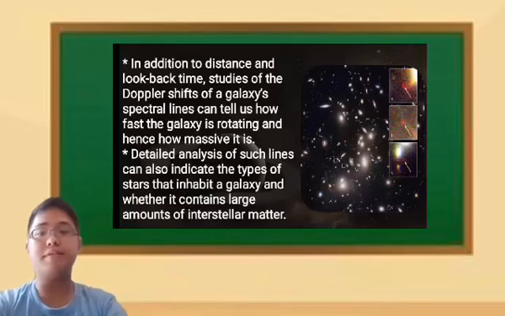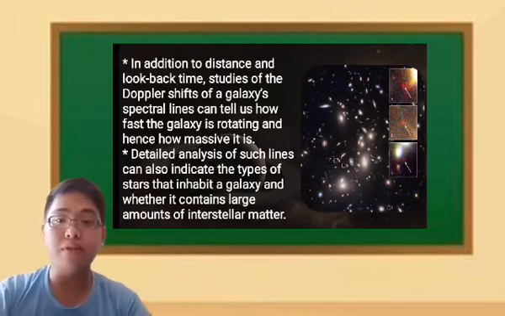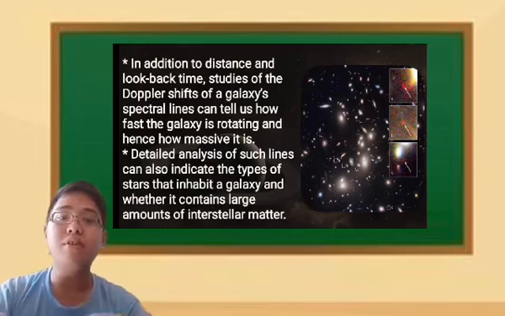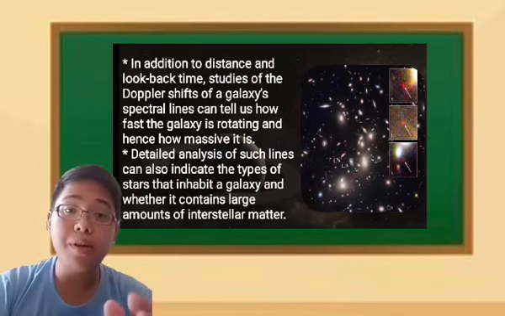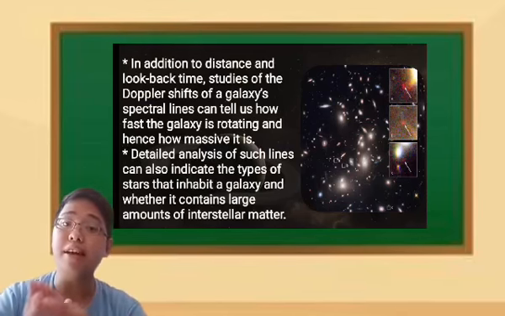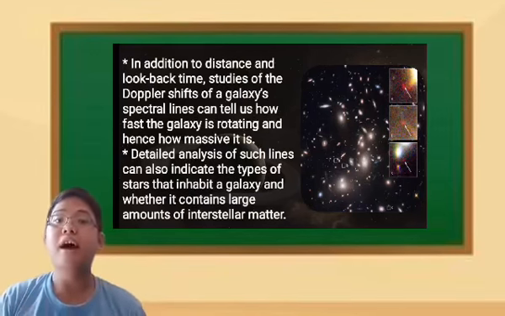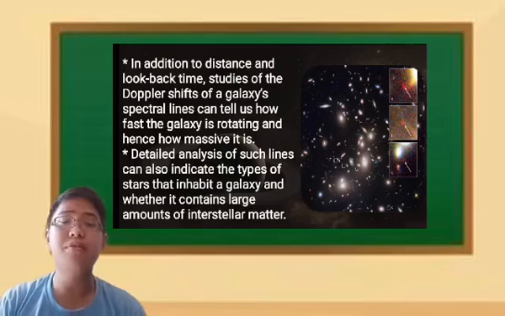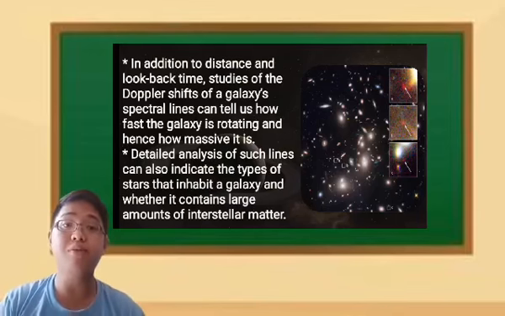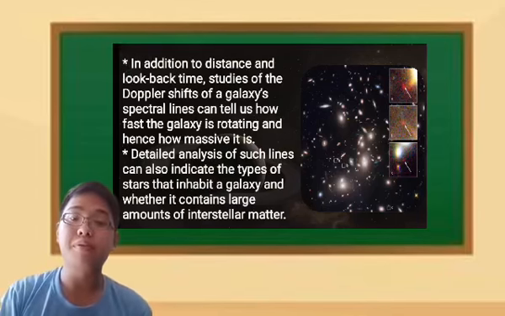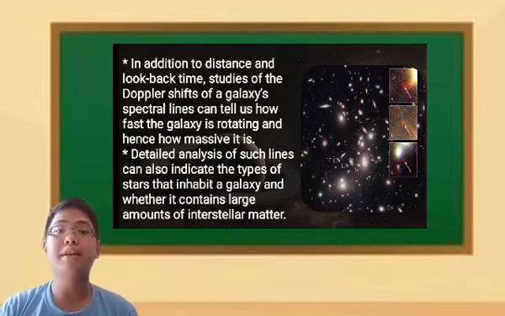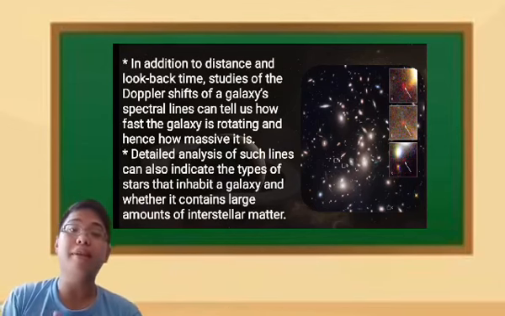In the next slide, in addition to the distance and look back time, studies of the Doppler shifts of a galaxy's spectral lines can tell us how fast the galaxy is rotating, and hence how massive it is. Detailed analysis of such lines can also indicate the types of stars that inhabit a galaxy and whether it contains a large amount of stellar matter.